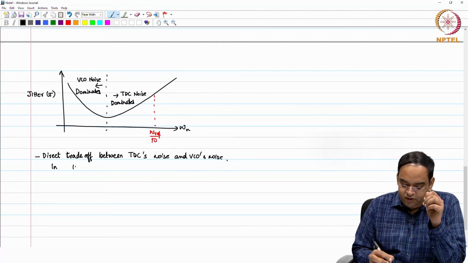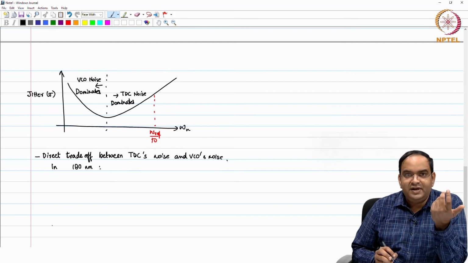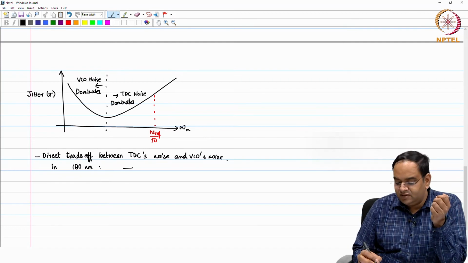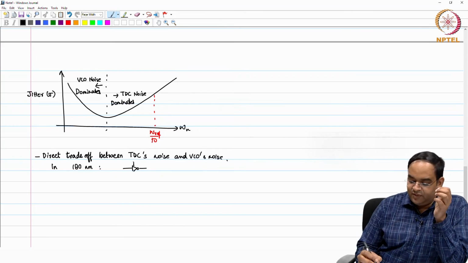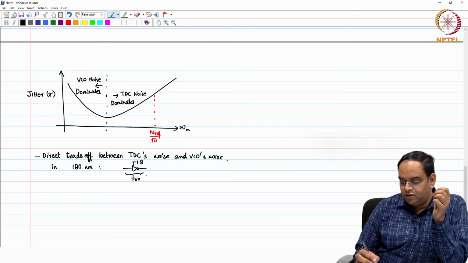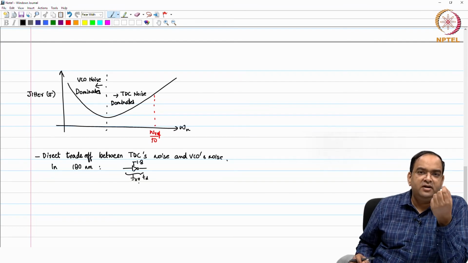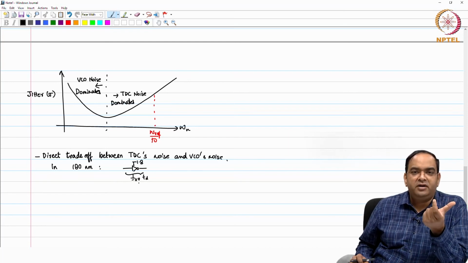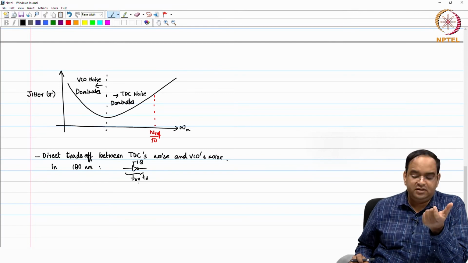So, in 180 nanometer technology, the minimum CMOS delay which you can realize is like this: you design a simple inverter with a maximum supply voltage, which is 1.8 and 0, and look at the delay from input to output. Whatever this T_D is, this is the minimum delay which you can have in this process, and this is going to limit your TDC's quantization noise.